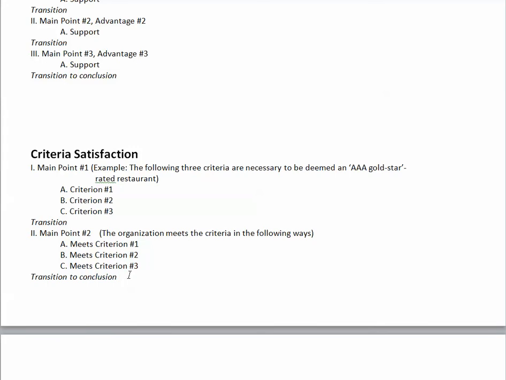These are actionable, these are objective criteria that any person who's looking for a restaurant could measure all restaurants against to say it's either good or bad. So identify the 3 criteria that you want to use, and then body point 2 is all about how my restaurant meets those criteria.